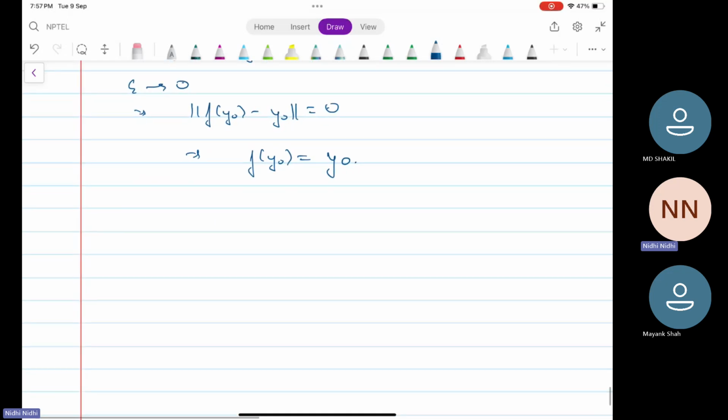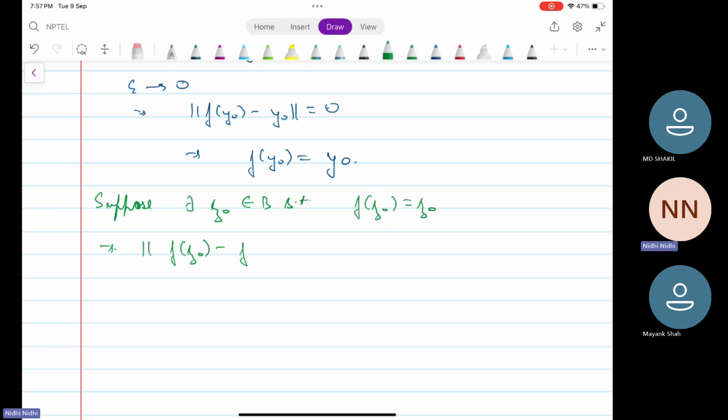And for uniqueness, again, we can suppose some other z naught in B such that f z naught is equal to z naught. In that case, we'll get f z naught minus f y naught equal to z naught minus y naught. So this will imply that norm y naught minus z naught is equal to norm f z naught minus f y naught.